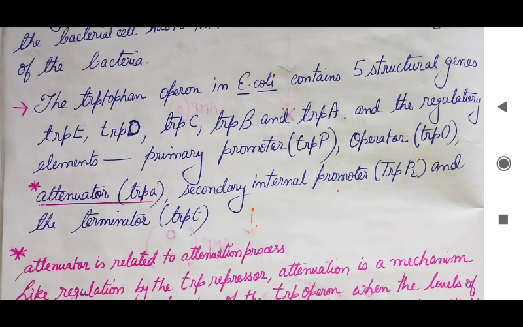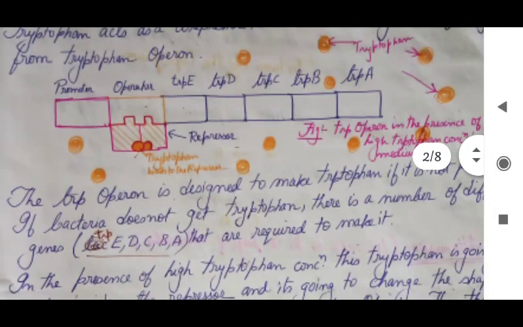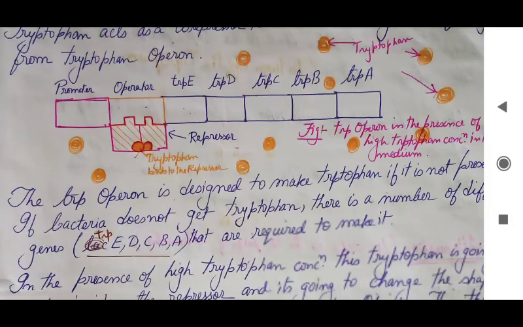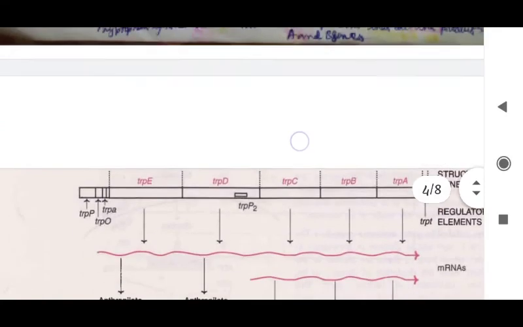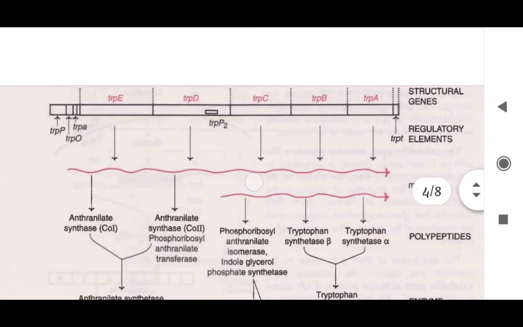So I would like to show you the TRP operon now. This is the basic structure, the main structure of the TRP operon as shown at the top.